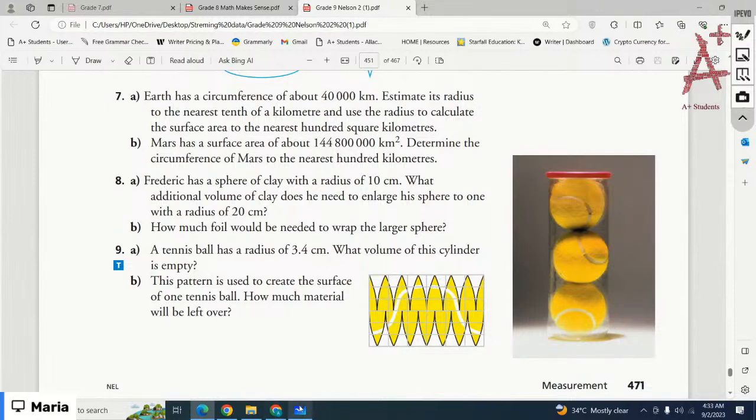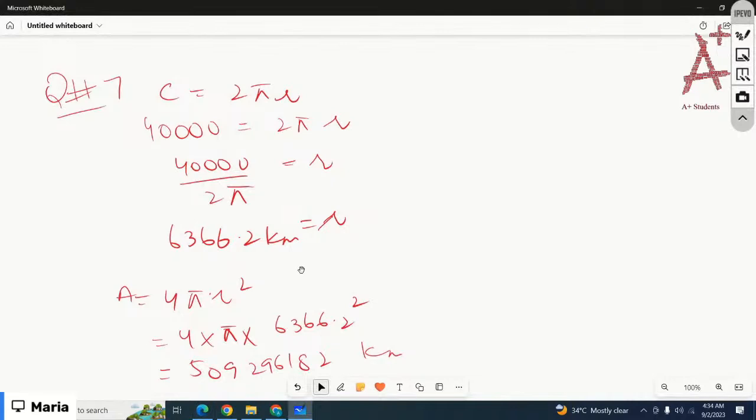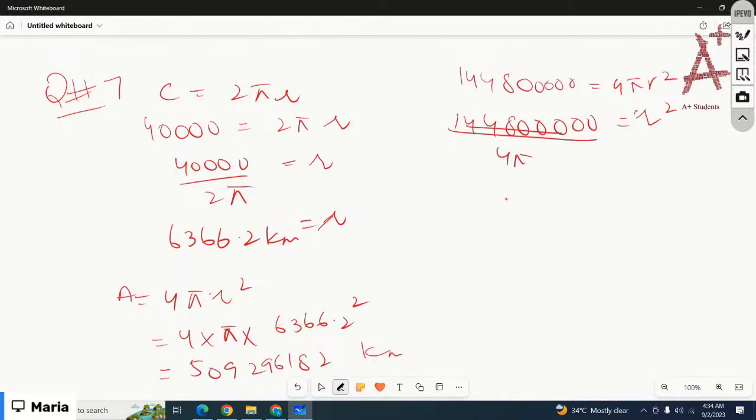So basically, we have to do the inverse of this process, right? You are given the surface area, so it would be 144,800,000 equals 4 pi r square, right? Let's just evaluate the r from here. R square would be 144,800,000 divided by 4 pi.